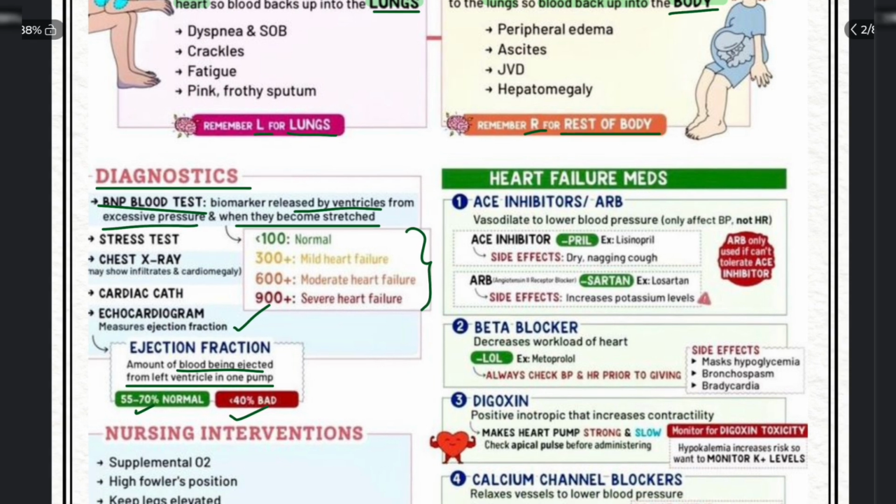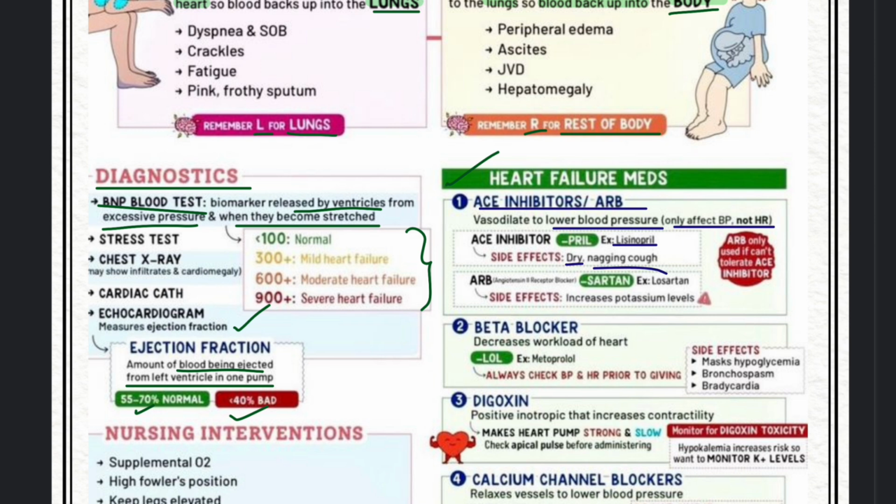Medications are very important. The most important and most scoring part, obviously, is drugs, so let's talk about them. ACE inhibitors or ARBs vasodilate to lower blood pressure; they only affect BP and not heart rate. Very important. So its function is vasodilation and lowering the BP, but it does not affect heart rate. ACE inhibitors have the suffix -pril, for example lisinopril, and the side effect is a dry, nagging cough.